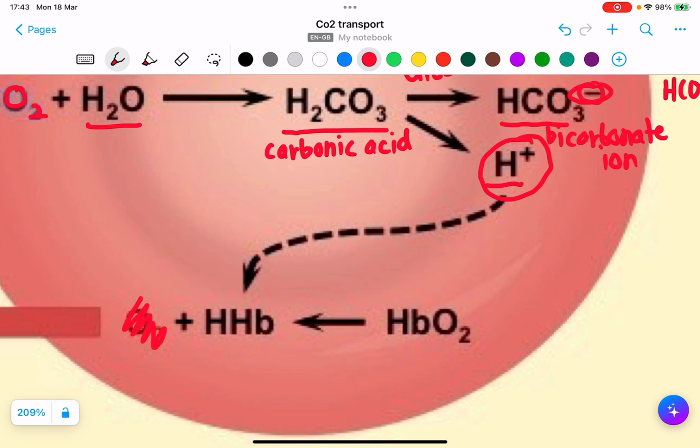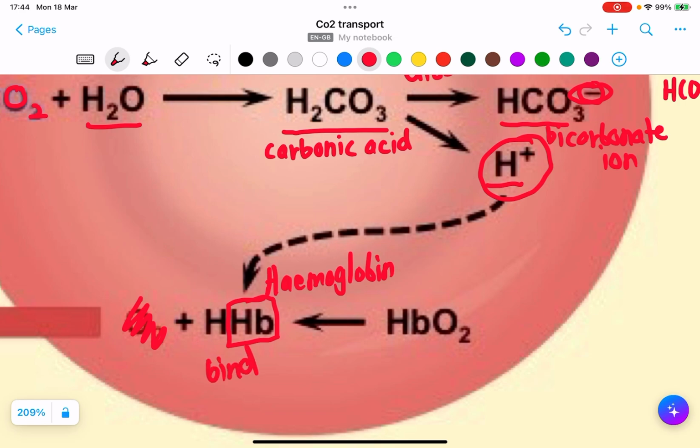Hydrogen ion ni akan combine dengan, do you know what is this? Can you recall what is this? Oh yes, betul. 10 markah. Hemoglobin. So, untuk mengelakkan hydrogen ion tu charge dia, nak neutralkan charge dia, hydrogen ion akan bind dengan hemoglobin.